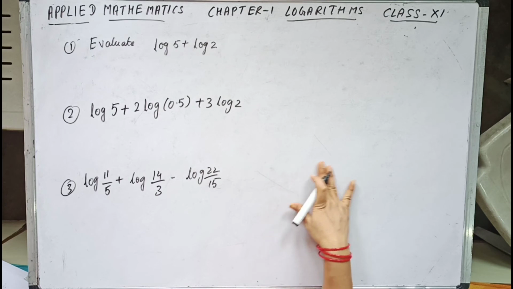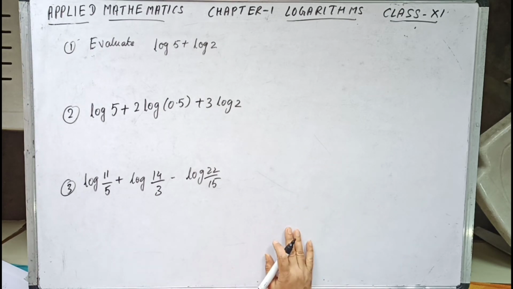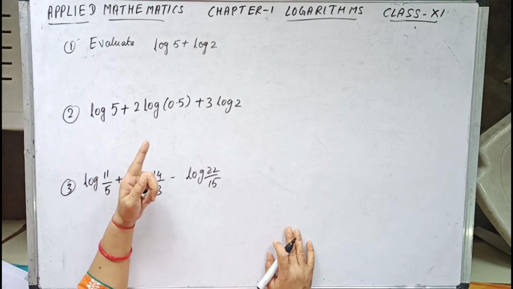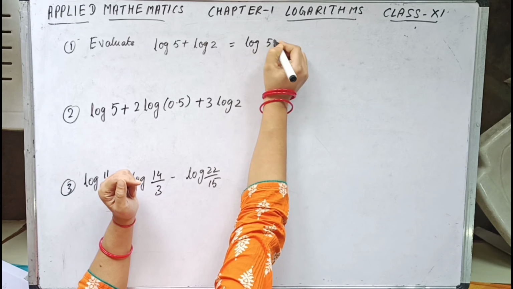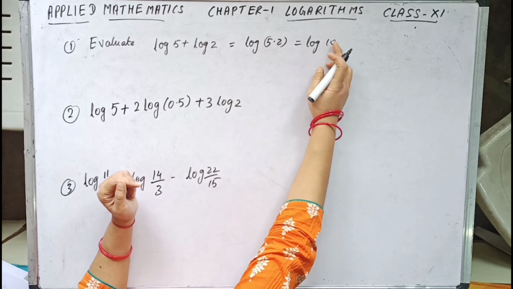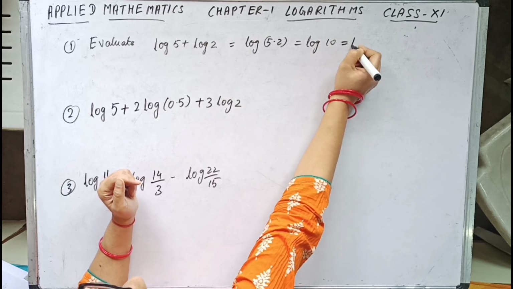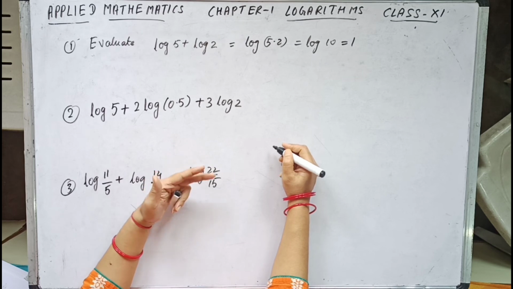Natural logarithm, if it is, it will be mentioned. So evaluate log of 5 plus log of 2. So simple, it is log of 5 into 2 equals to log of 10, and log of 10 base 10 is always 1.